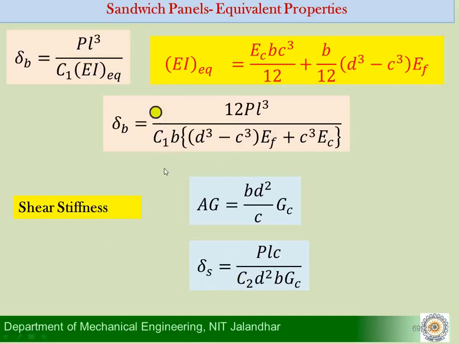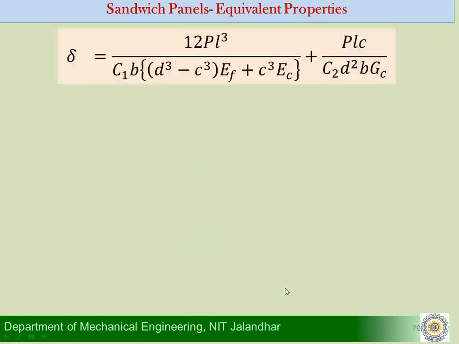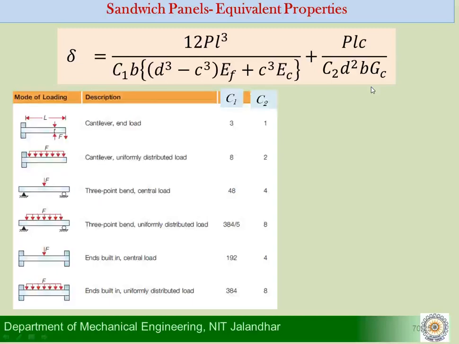C2 is another constant. So C1 is a constant for your bending stiffness, C2 is a constant for your shear stiffness. We will see in the next table how these two constants vary depending upon the type of the beam. D square into B into GC. So this tells me the value for delta S. Going forward, the total deflection delta will be the sum of delta B plus delta S, so I have combined delta B and delta S here.